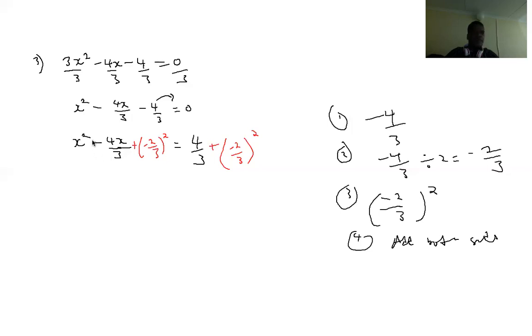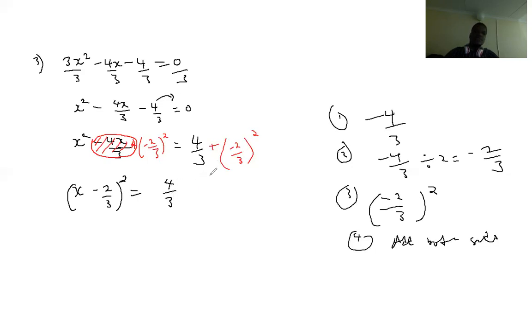Remember, we come here, we take this part. So this part we are going to discard, we're going to throw away. Okay? So now we're going to have x minus 2/3 squared is equal to 4/3.